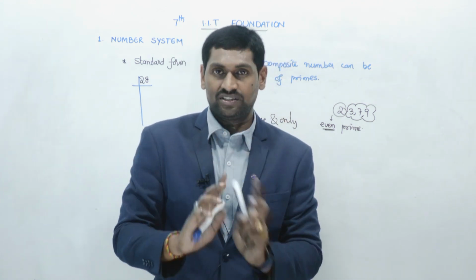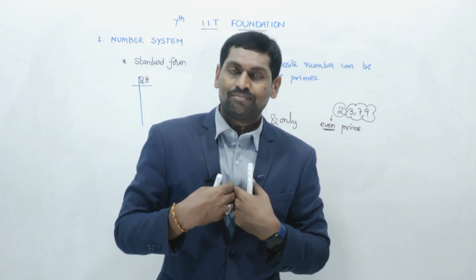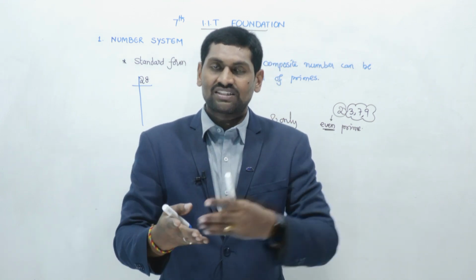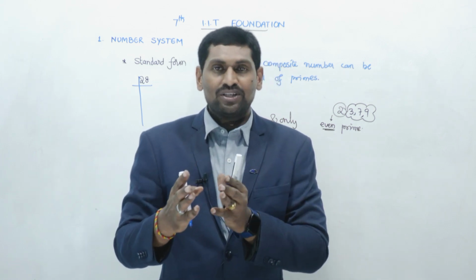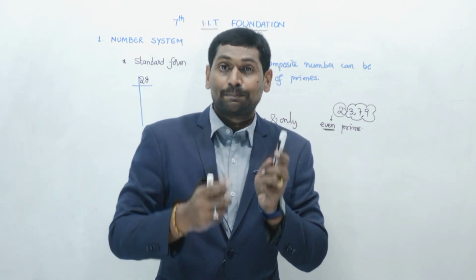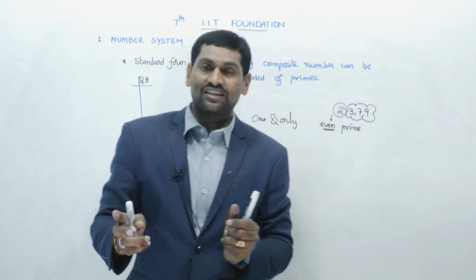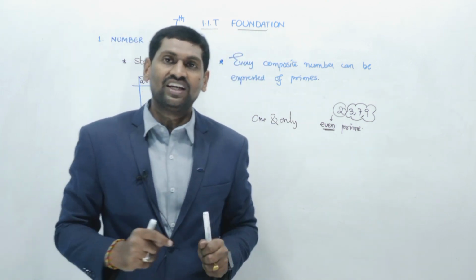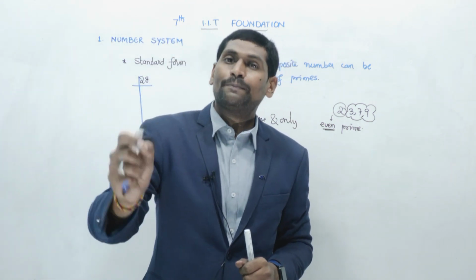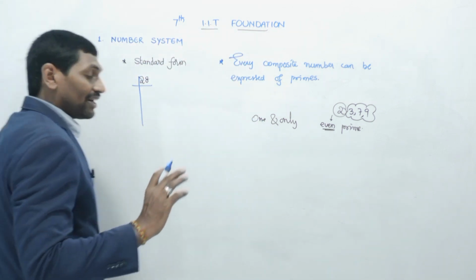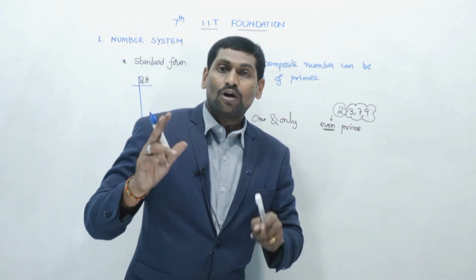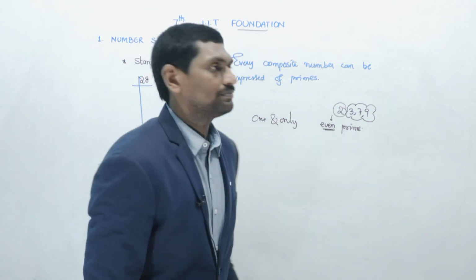Order might be different because I will start with 2, you can start with 3, or someone can start with 5 or 7. Whatever number you start with, it doesn't matter, but the prime factorization is unique. Order is not important here, but the presence of the prime numbers is important.